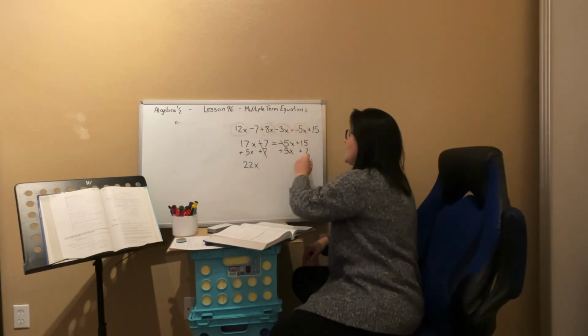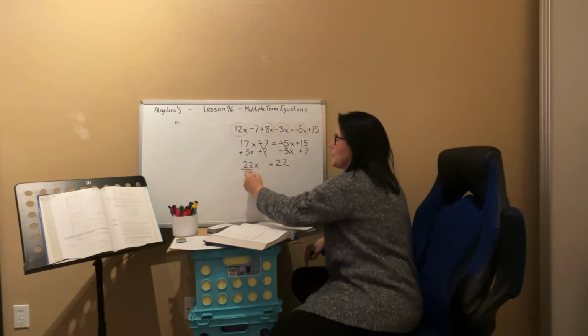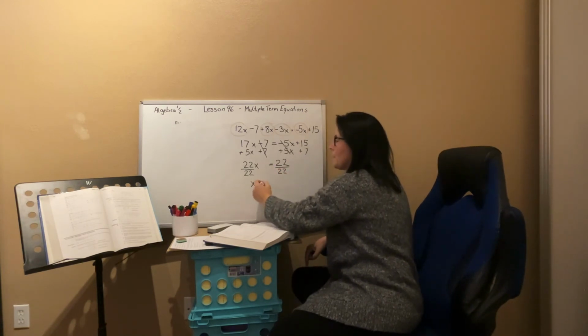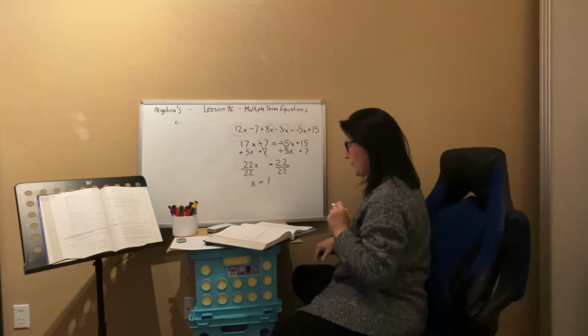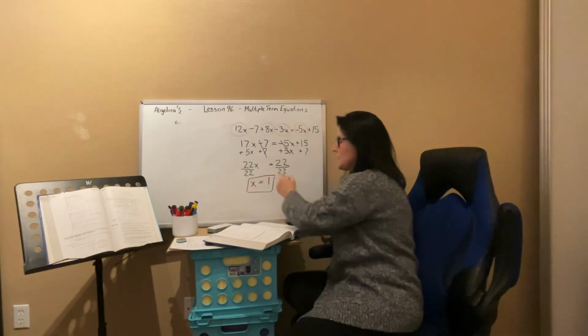And 15 plus 7 equals 22. Now we're going to divide by 22. Divide by 22. And we come up with x equals 1. Because this time it's a positive number. And that's our final answer.